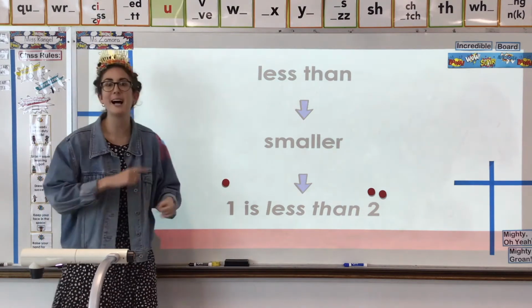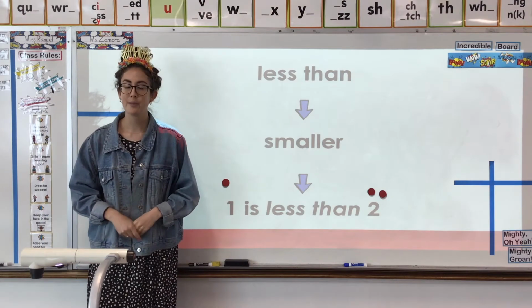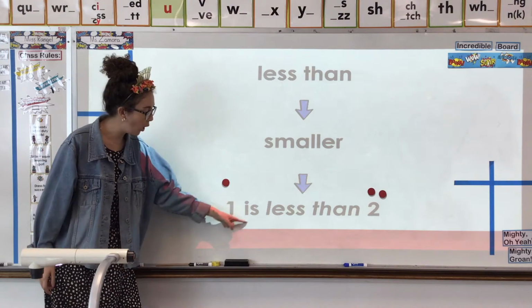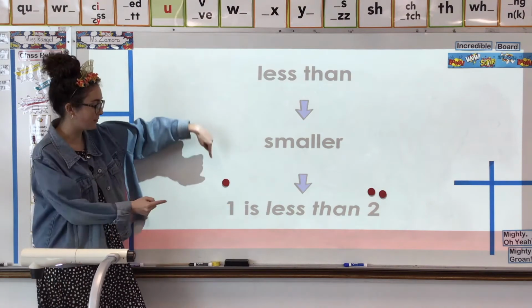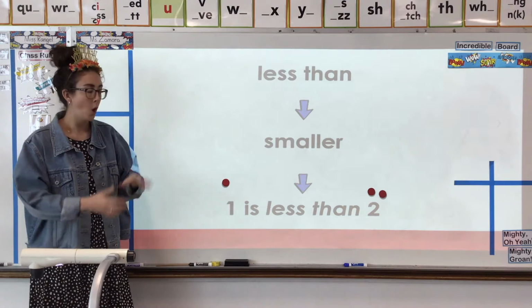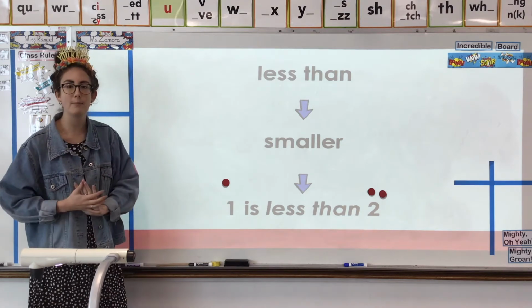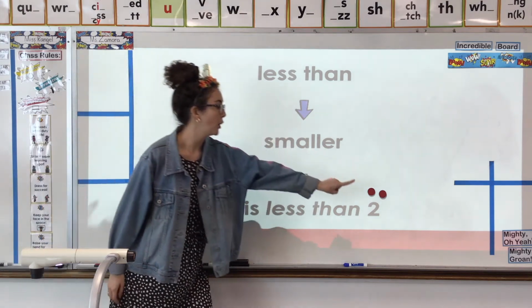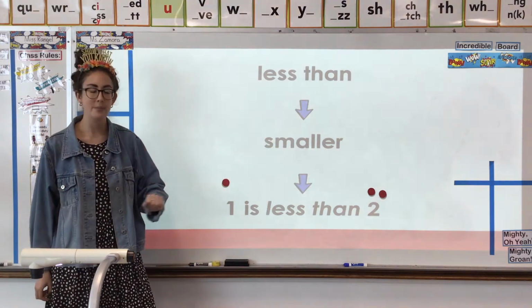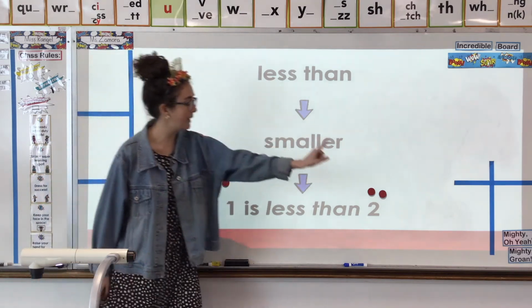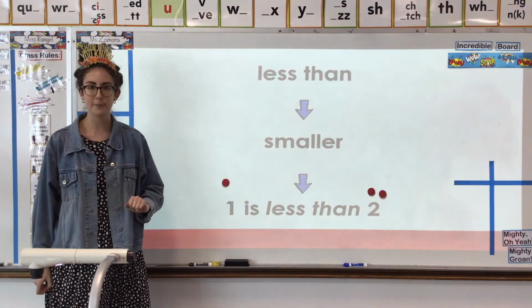That rule applies here as well. Why that is so important is because we always need to focus on this first number, the number that's on the left. When we're writing a number sentence, we need to compare the first number to the second number. How is this first number similar or different to the second number?